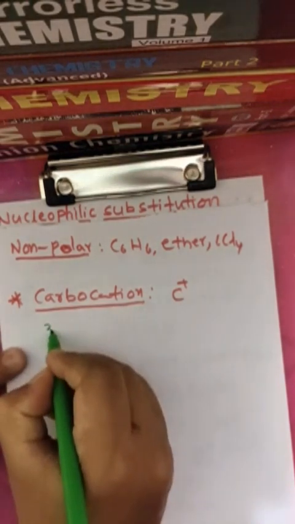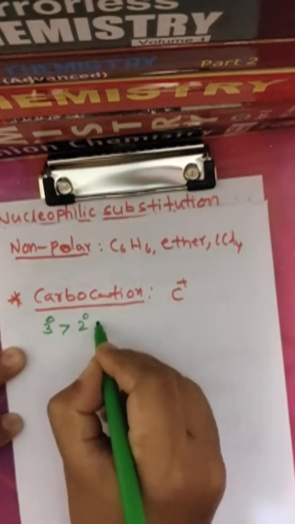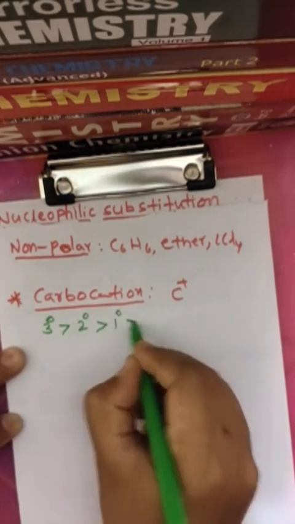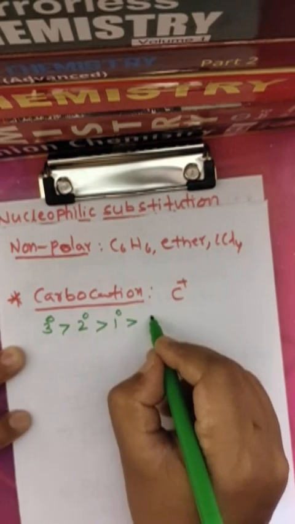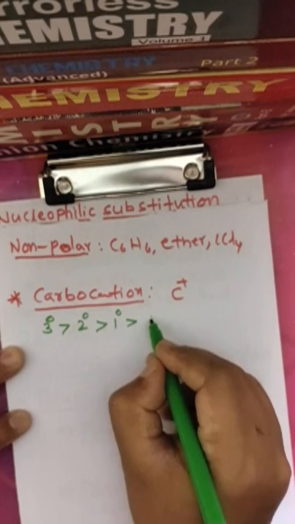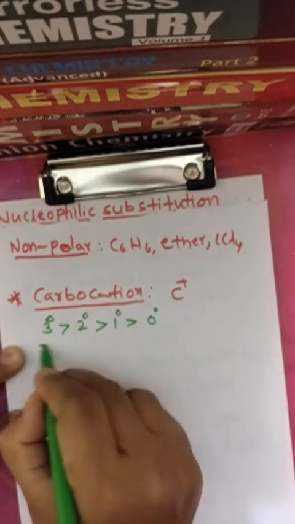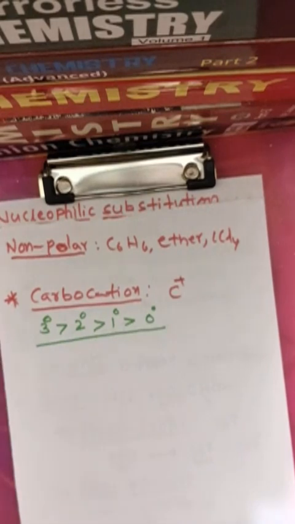We learned that 3 degree carbocation is more stable than 2 degree, and it is more stable than 1 degree, and next we have the 0 degree carbocation. So 3 degree is greater than 2 degree, 2 degree is greater than 1 degree, and 1 degree is greater than 0 degree. Like this is carbocation stability.